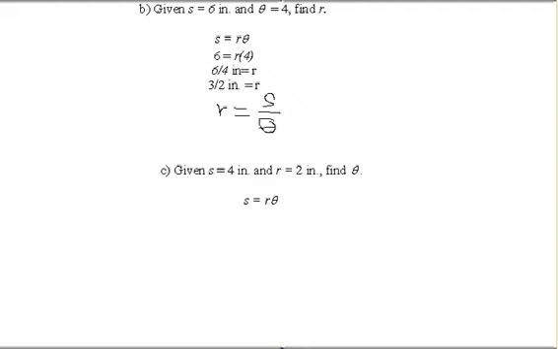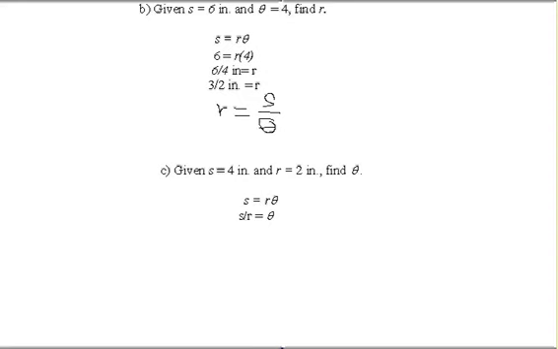In this example, we know the length of the arc, we know the radius of the circle, which means we can find the size of the angle. And that means, to begin with, we could just rewrite the original formula so that it's solved for theta, or we could plug in and solve it like we would any other equation.